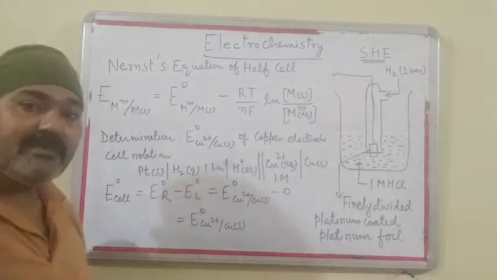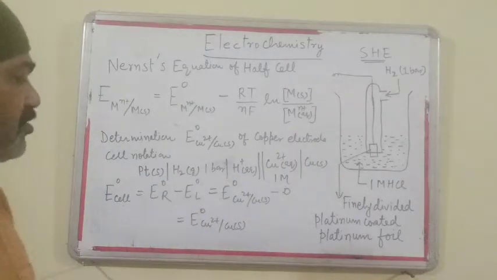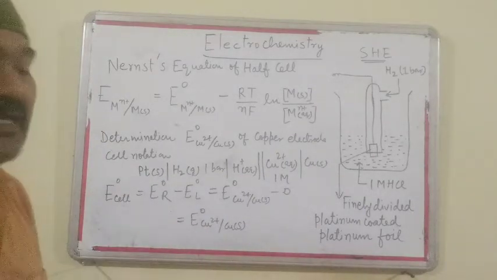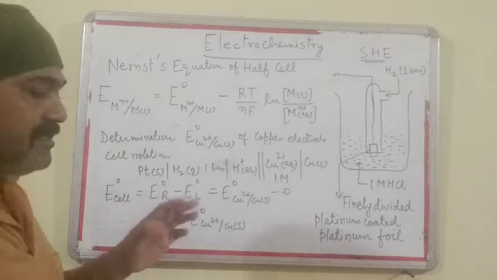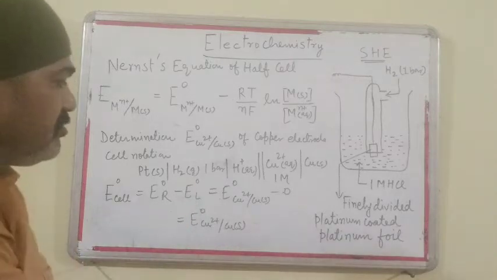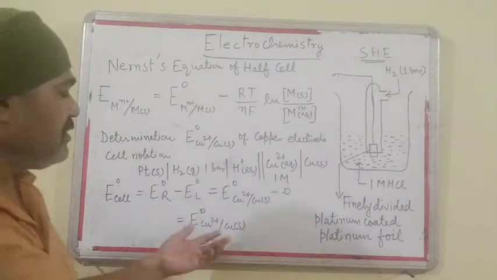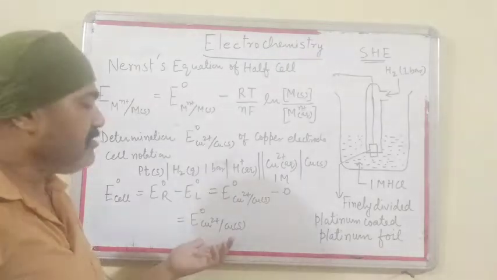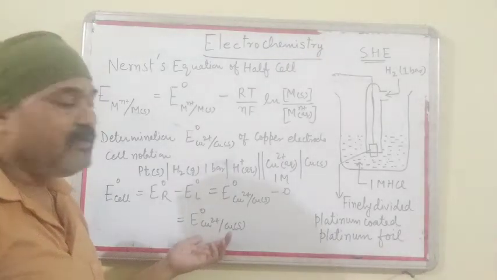So whatever the potential or EMF of that cell is noted on the voltmeter, that is the value of the standard electrode potential of the half cell.